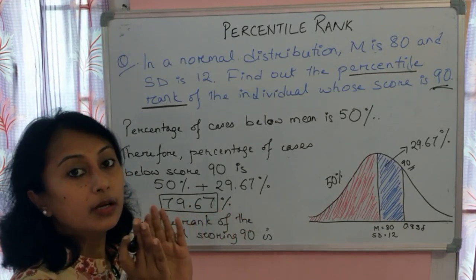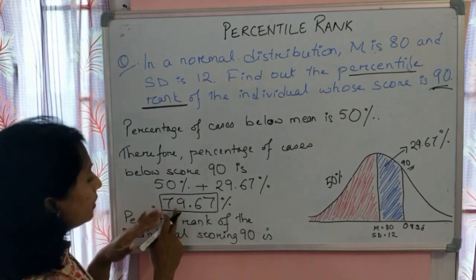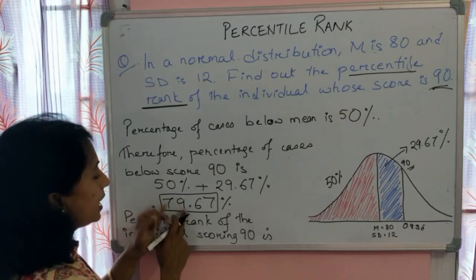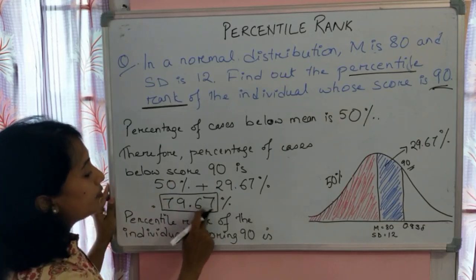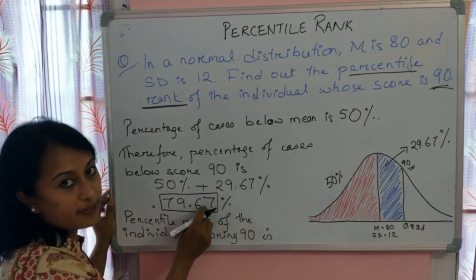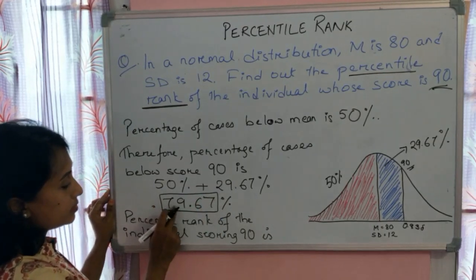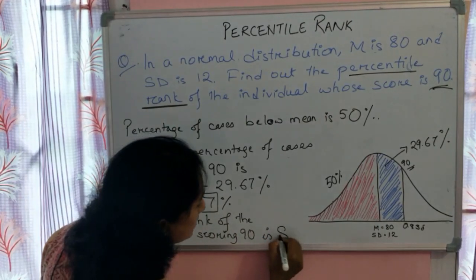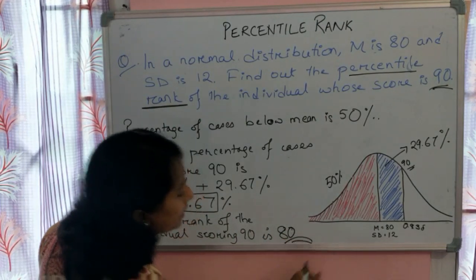We just write the number. So the percentile rank will be 79. We can write 79, but because the decimal part is more than 50, we can increase one number here. We can write it as 80. This is the final answer.